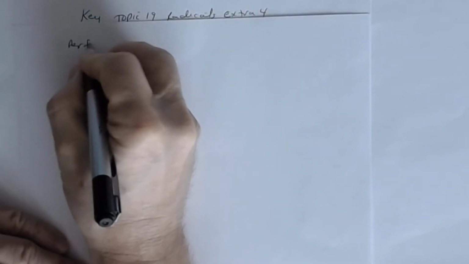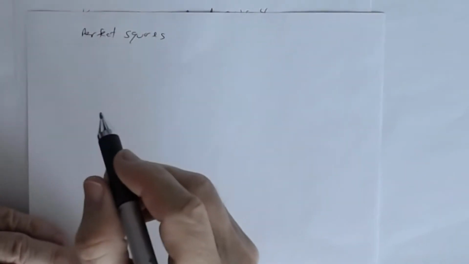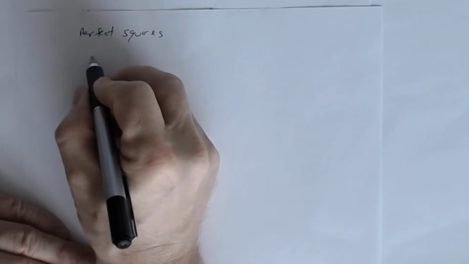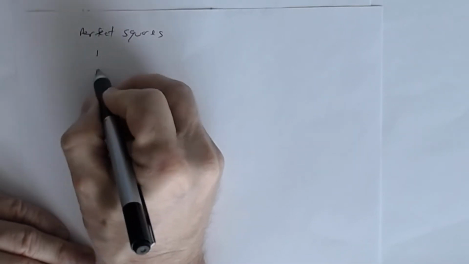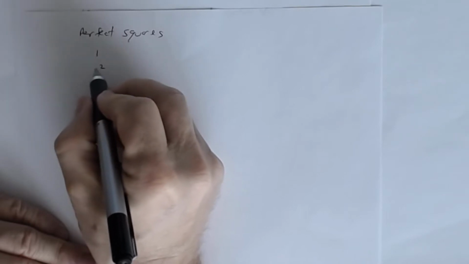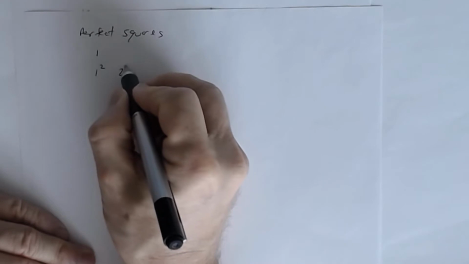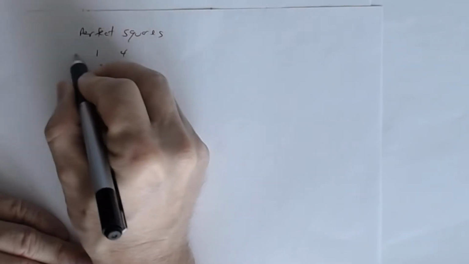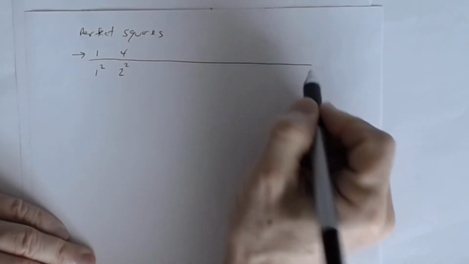Your perfect squares, reviewed in a previous lesson as well: the first perfect square is 1 because 1 squared is 1. So if I take the square root of 1, I get the base back. The next perfect square is if I take 2 and square it, I get 4. These are your perfect squares, and there are an infinite number of them.